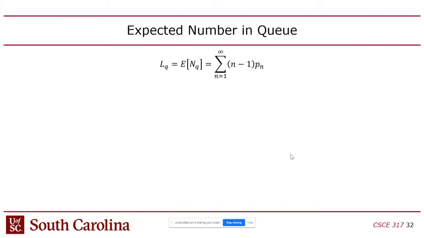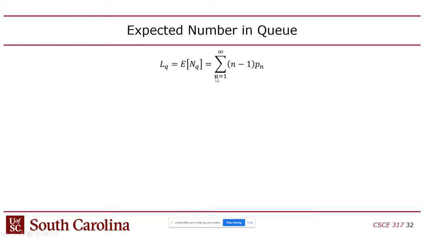Okay, so how about the number just in the queue? The problem with the queuing system is that it includes the queue and the servers. What about just the queue? I might want to know that to adjust my queue size. I'm going to denote that L sub q, which is the expected value of N sub q.